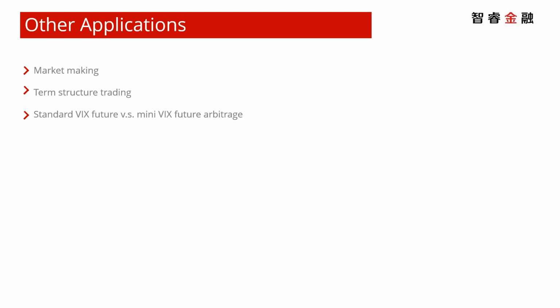So if the two futures trade at different prices, you just go long the cheaper one and sell the more expensive one, and then you just wait for it to expire.